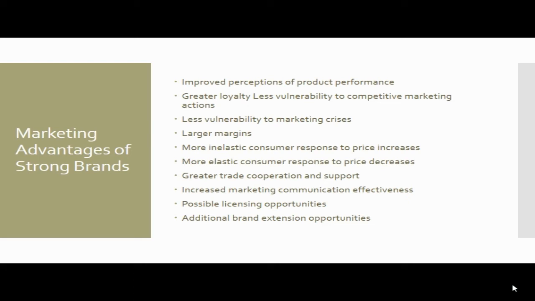You can see on the screen: improved perception of product performance, greater loyalty, less vulnerability to competitive marketing actions, less vulnerability to marketing crises, larger margins, more inelastic consumer response to price increases, more elastic consumer response to price decreases, greater trade cooperation and support, increased marketing communication effectiveness, possible licensing opportunities, and additional brand extension opportunities. So these are the marketing advantages of strong brands.